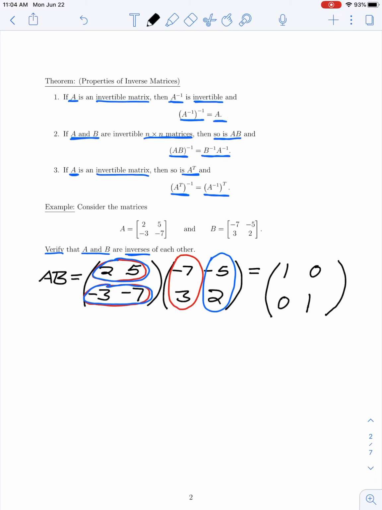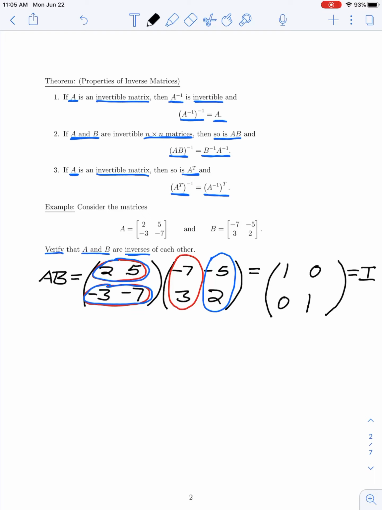So for A times B, we get back this diagonal matrix with 1s on the diagonal and 0s elsewhere, which is exactly the 2 by 2 identity matrix. So A times B is equal to I.